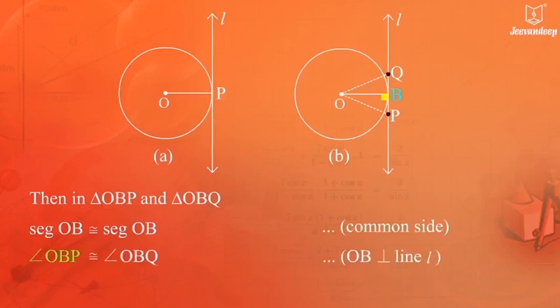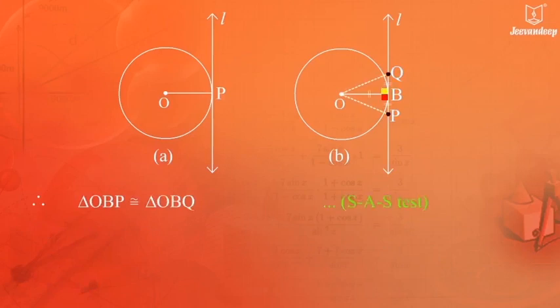Angle OBP is congruent to angle OBQ, as OB is perpendicular to line L. Segment PB is congruent to segment BQ by construction. Therefore, by SAS test, triangle OBP is congruent to triangle OBQ.